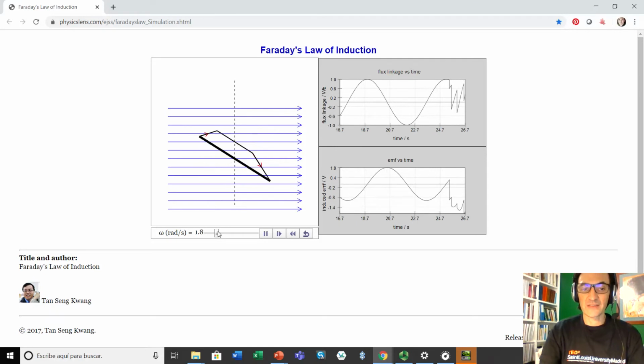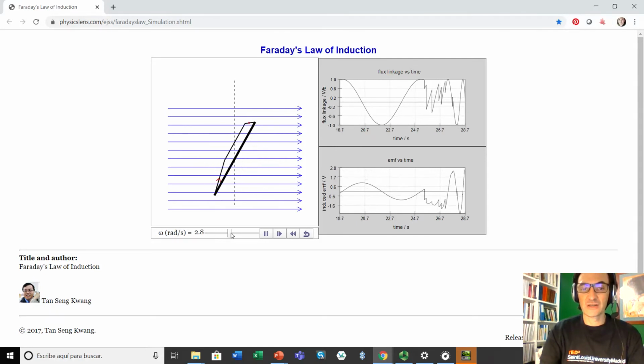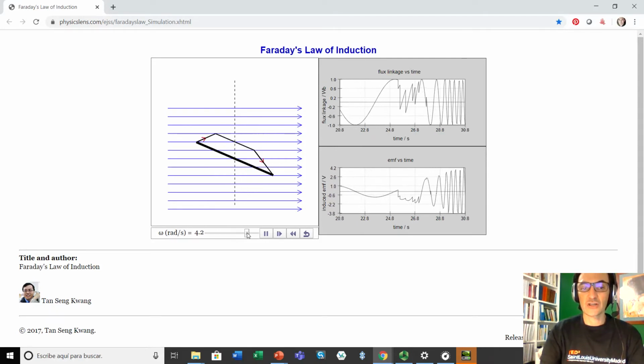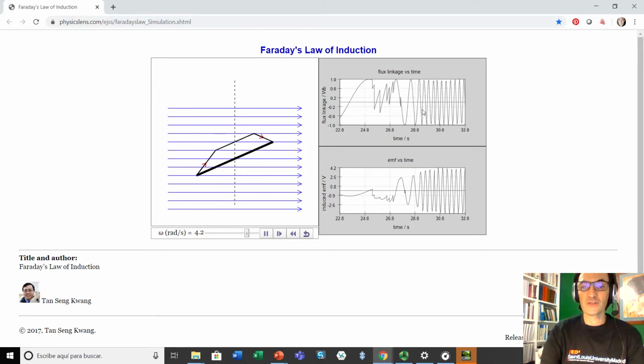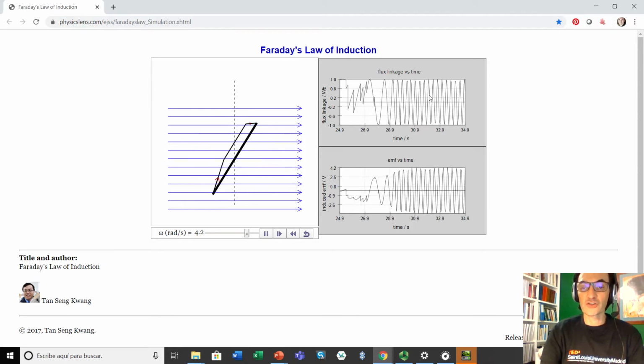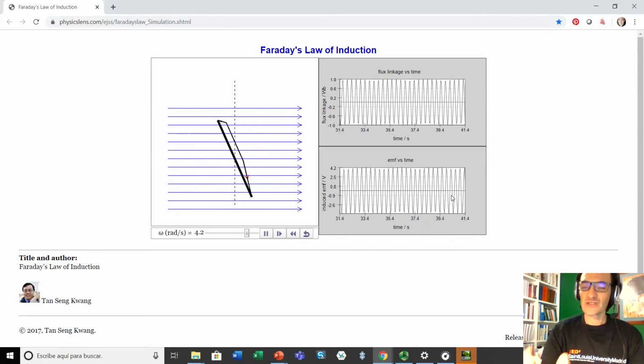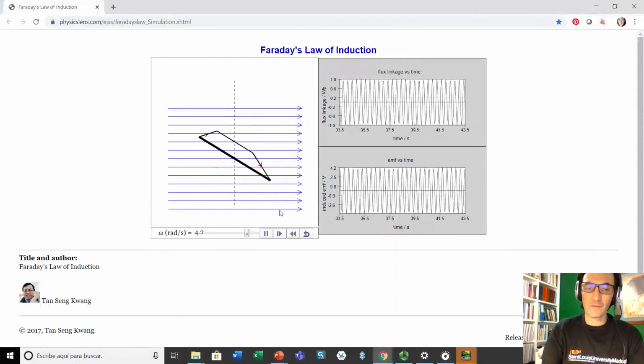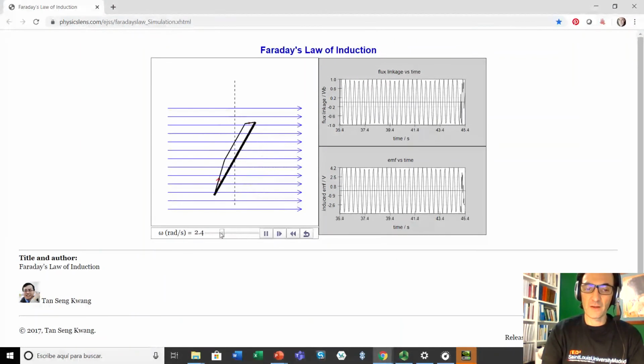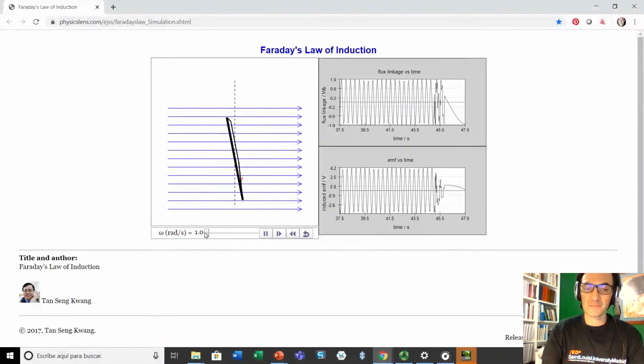Okay, these are radians per second, that's the speed of rotation. If we increase the rotation, of course, we will have more cycles both on the flux change and on the induced EMF. Okay, to see it more clearly, I will go for a very low rotation speed.